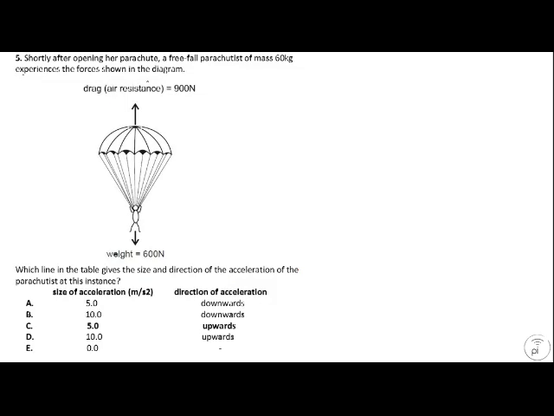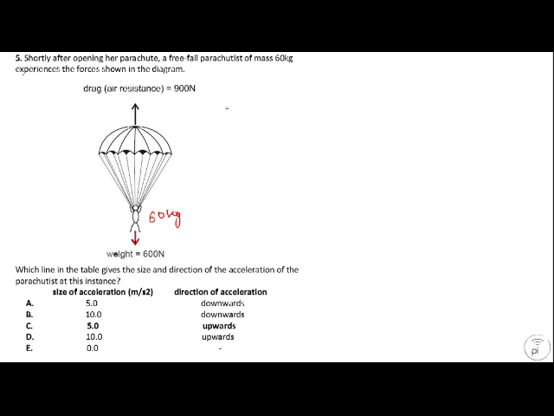5. Shortly after opening her parachute, a freefall parachutist of mass 60 kilograms experienced the force shown in the diagram, which should find the acceleration. Here we see the first force is 600 newtons, the second force is 900 newtons.